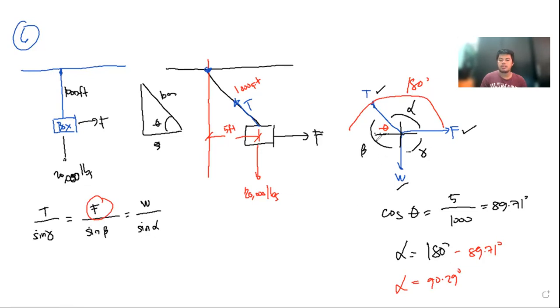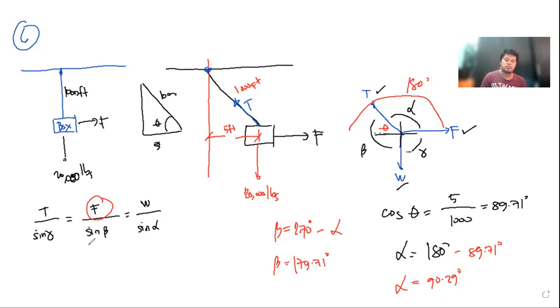So beta can be calculated as this angle going here, that's 270 degrees minus alpha. So beta then is equal to 179.71.